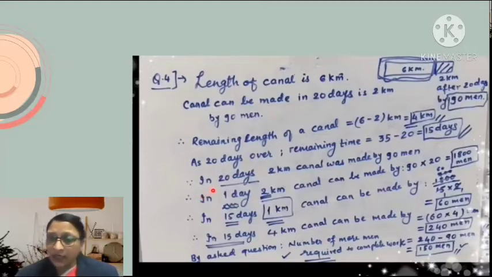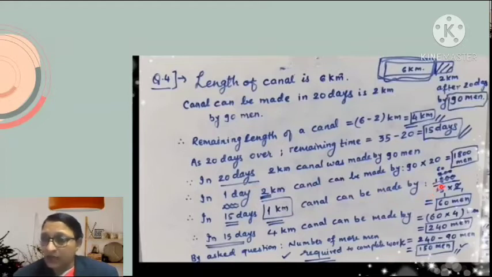Since in the example they have given that in 20 days 2 km of canal was made by 90 men, so in 1 day 2 km of canal can be made by 90 into 20 men. That is 1800 men. Now from this value we can calculate in 15 days 1 km of canal can be made by how many men?